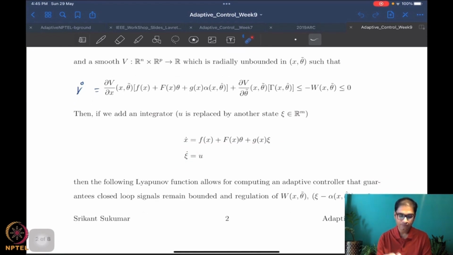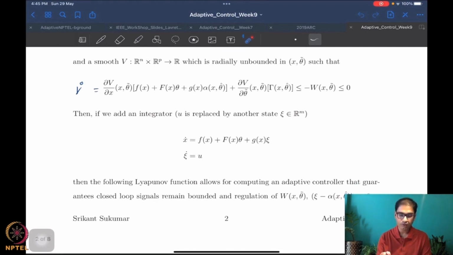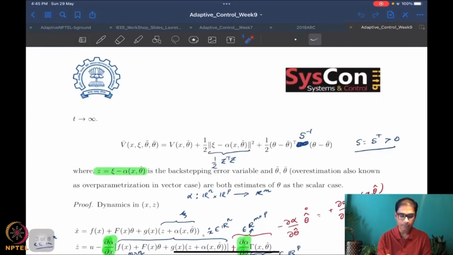Then what we claim is that this sort of a Lyapunov function, v bar now, is essentially the previous v with an added backstepping error term, which is norm z squared, and a new parameter error term. Because if you remember, there was an over parameterization because of the unmatched states. That is, the new parameter estimate is called theta bar.